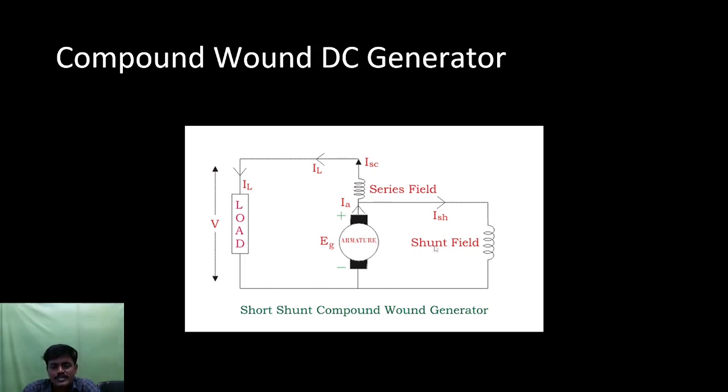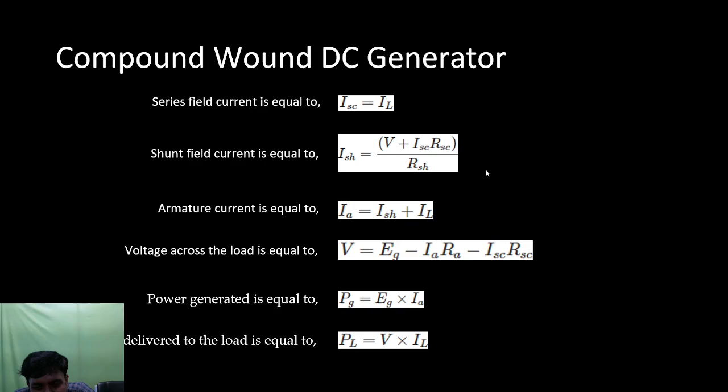The voltage across the armature is this voltage minus this drop. This voltage is nothing but V, and this drop is nothing but ISC into RSC. That's why V plus ISC into RSC is the exact voltage across the shunt field winding. That voltage divided by the shunt field resistance gives the shunt field current of a compound generator.